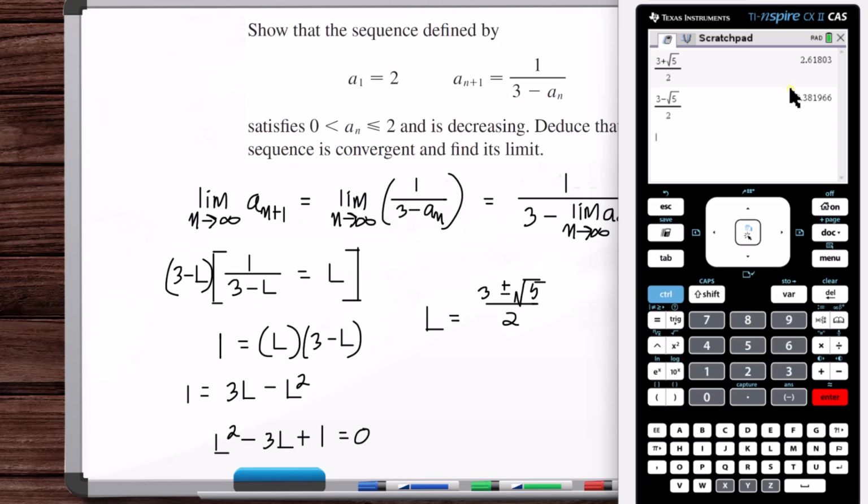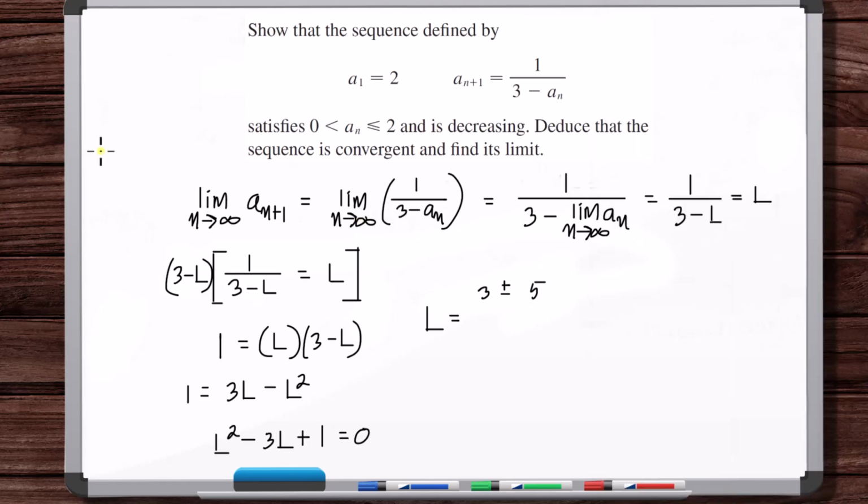But this is what the limit's going to be: 3 minus root 5 divided by 2. And also, this is what it's bounded below by. So there we go.